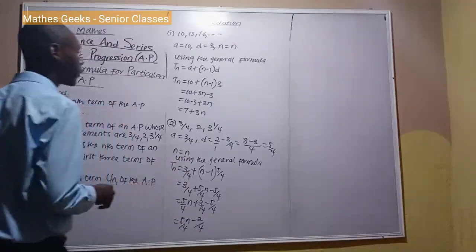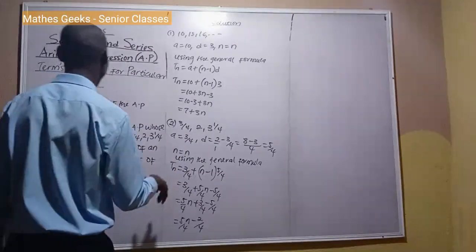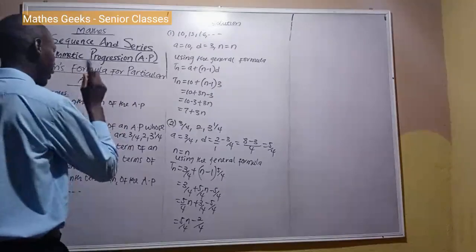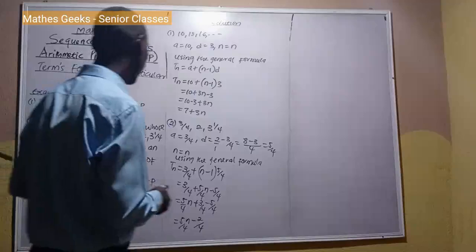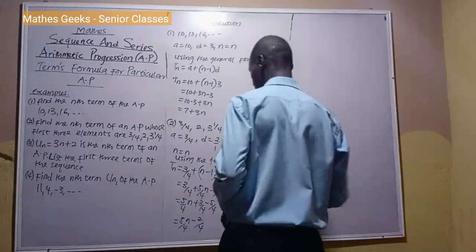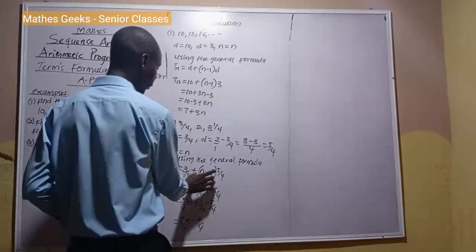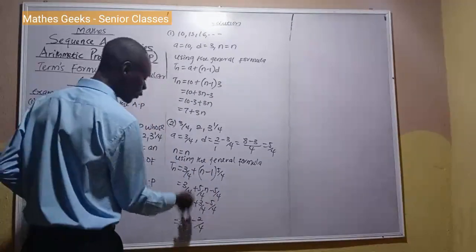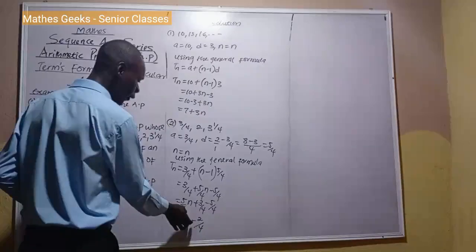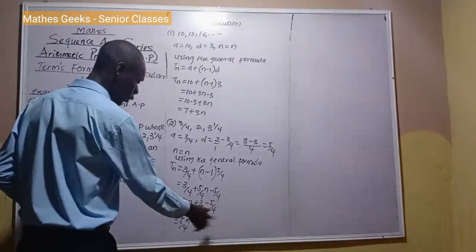And what you observe is that the unique terms formula for a particular AP is usually gotten from the general AP formula. That is to say, we got this unique formula from the general AP formula. So instead of using the general formula time after time, if you are looking for the fifth term, just put 5 in place of n, then you calculate, and you get the fifth term.